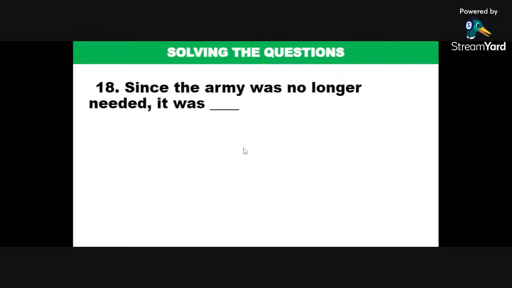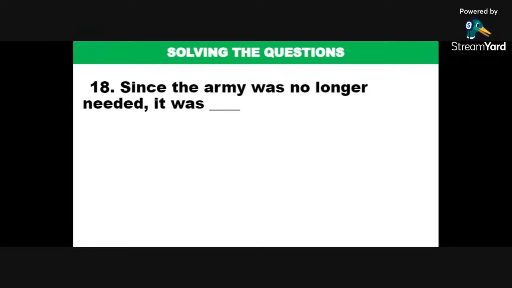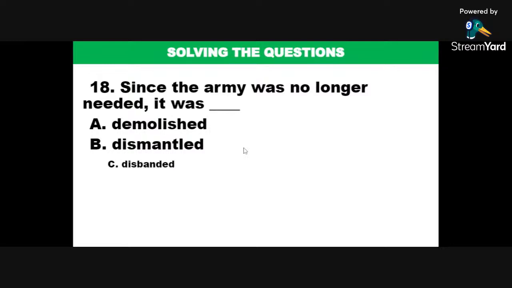Now, question 18. Since the army was no longer needed, it was dashed. A, demolished. B, dismantled. C, disbanded. And D, fired. Now, when an army is no longer needed to keep on fighting a battle, the army is disbanded.